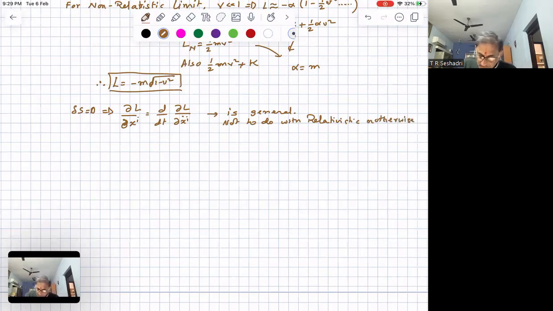Relativistic or non-relativistic will decide only the form of L. But once L is given, this is a common thing. And so if I use these two, what will I get?